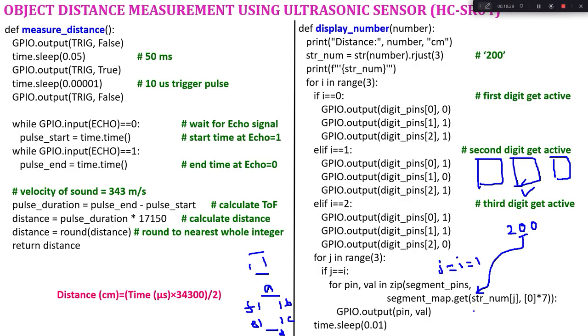So we will get 1, 1, 1, 1, 1, 1, 0. Right. So this value gets mapped with the segment pins and it is set as an output. So like this, each digit we are going to pick and we are going to display it onto the segments. So that is how we display the distance value in a 7 segment module.